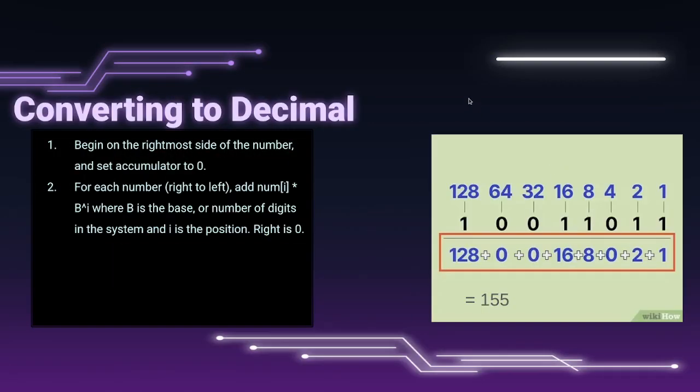So converting to decimal is exactly what I was describing to you. You essentially want to take each position, and this is binary as this example. We take the value and multiply it by base to the power of that index. Let's make this a little easier.